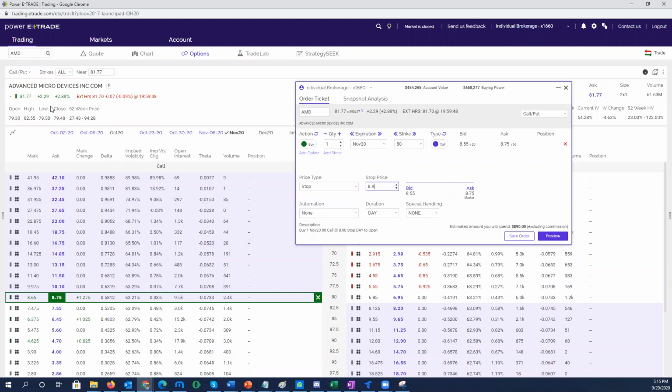So if AMD opens at 82 and I know it is going higher, I don't want to lose the opportunity. Then I put the stop price. The moment it sees that ask is above 8.9, it just executes. It may fill you at 8.9, 9 point something, or if it is below also. After 8.9, if it is low, it will also give you the low. I can tell you how it works.